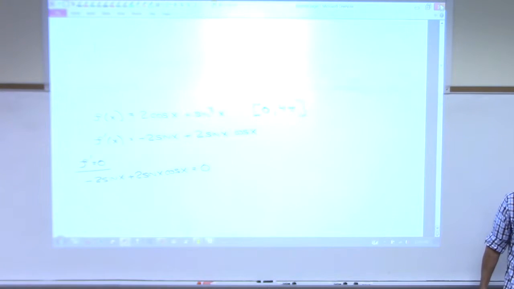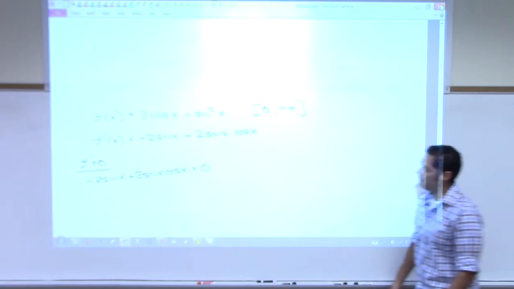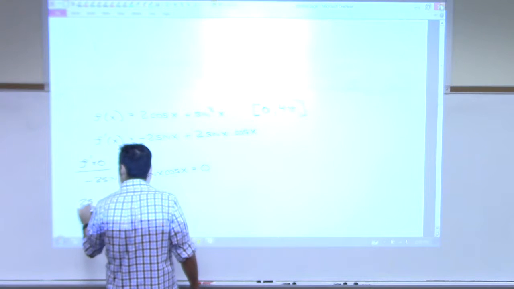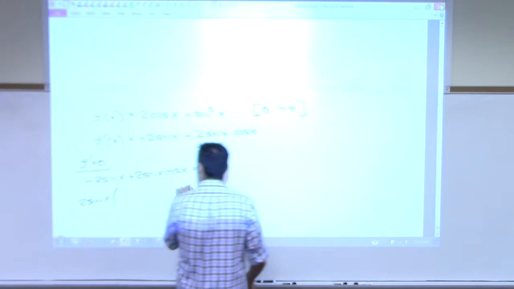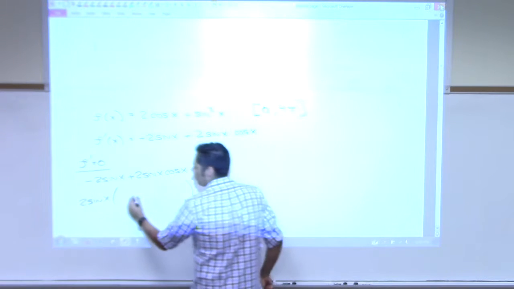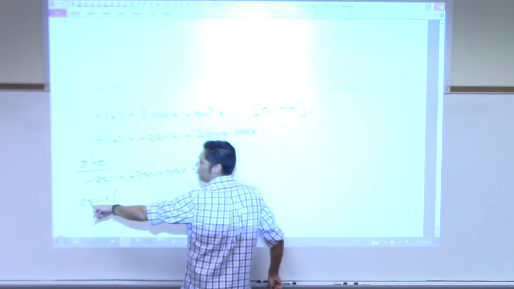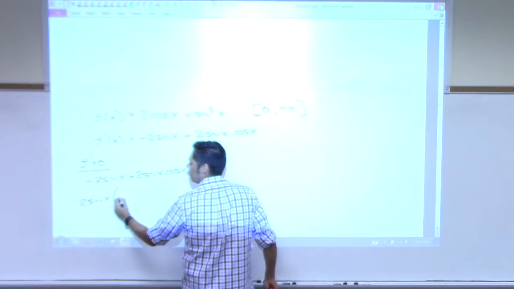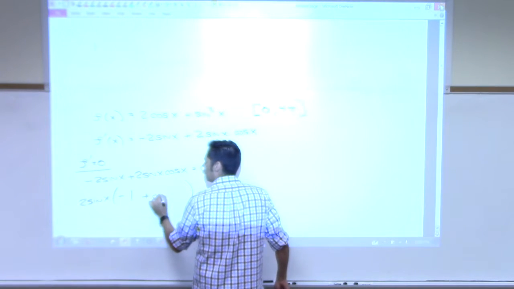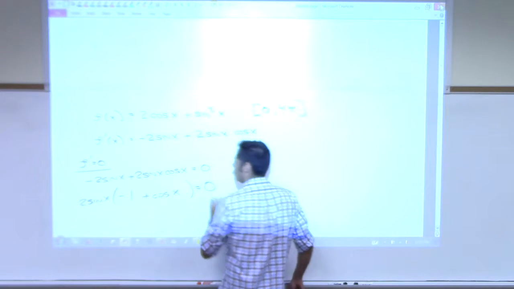Everyone see 2 sine x, common factor? Okay, factor it out. I can go 2 sine x or negative 2 sine x, doesn't matter. I'm going to go 2 sine x. Tell me what I would have left in here. Negative 1. I pulled a 2. If you pull a negative 2, then it would be 1. I'm pulling a 2, so I get negative 1 plus cosine x equals 0.